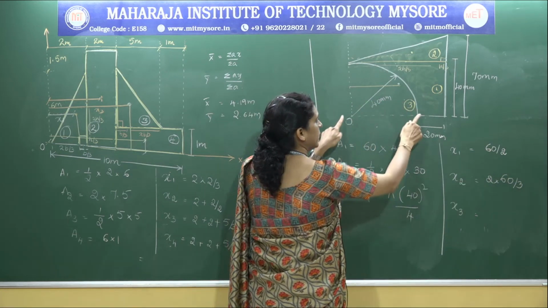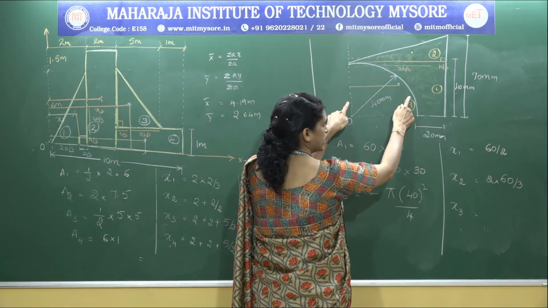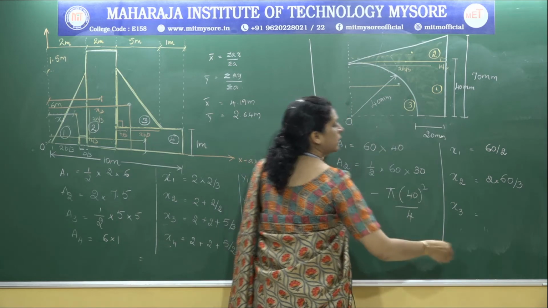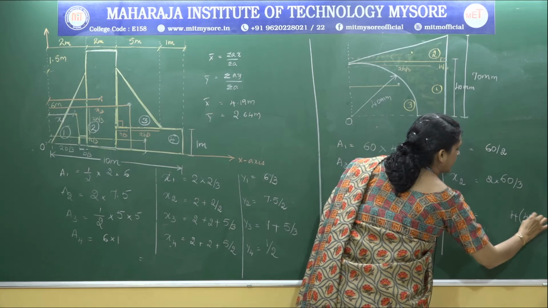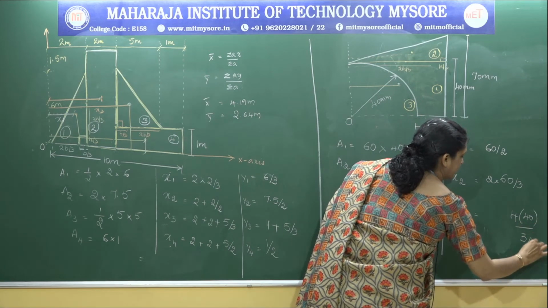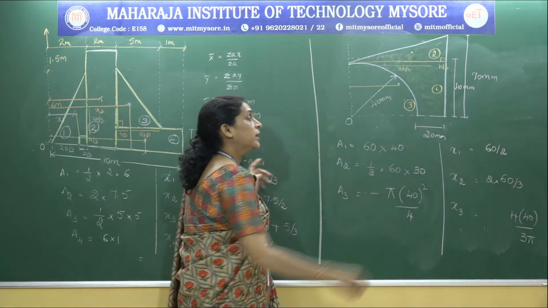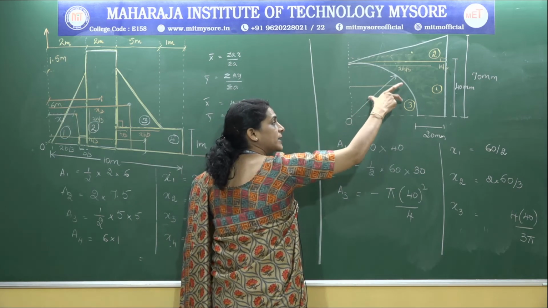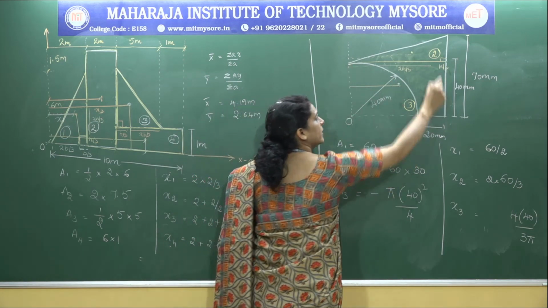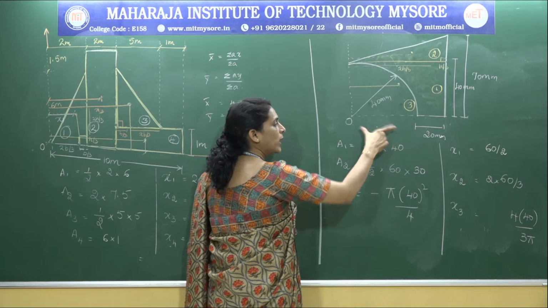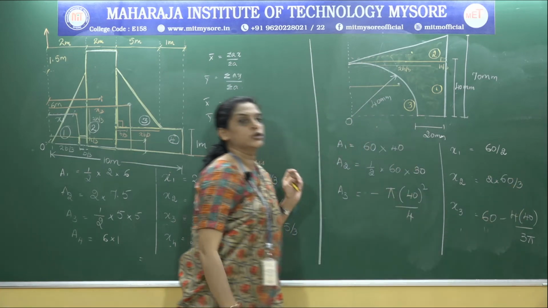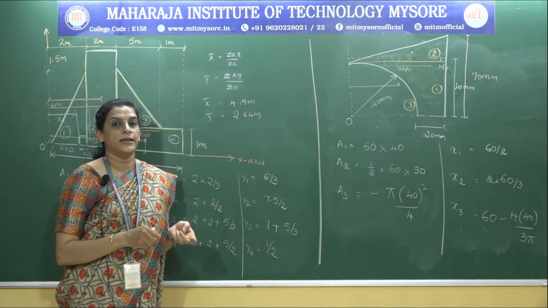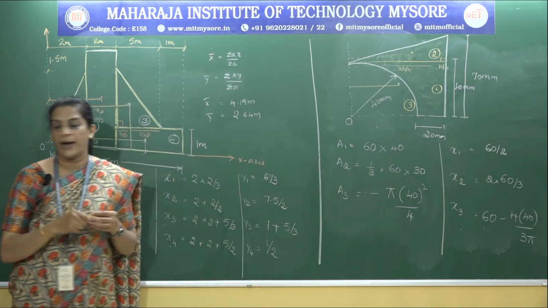The last one, that is the quadrant of a circle, is 4r by 3 pi. But this quadrant is inscribed within a rectangle. We'll have to deduct that distance. So it is 60 minus 4r by 3 pi.